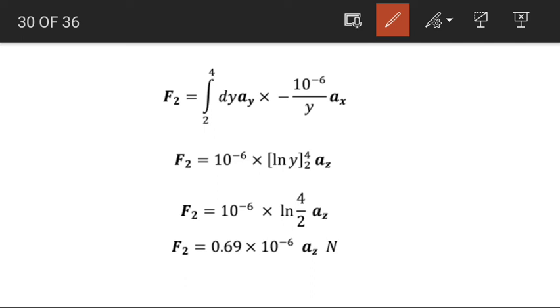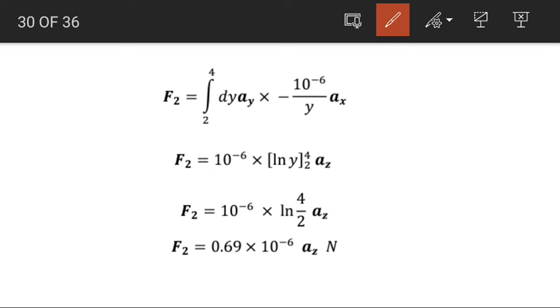You see, the integration of dy by y is log of y. And ay cross ax results in minus az. So F2 will be equal to 10 raised to power minus 6 into log of y. The limits for y are 2 and 4 az.